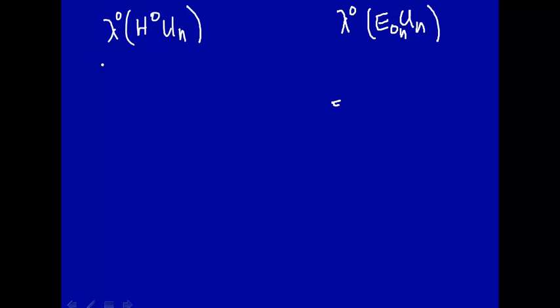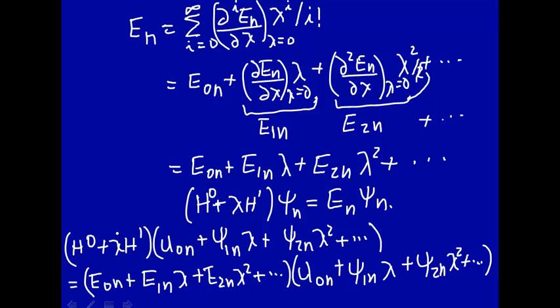All right, let's collect terms in lambda to the first. Okay, so this would be plus. Now let's get rid of that. That may not be in the most appropriate place. So let's see if we can collect terms with lambda raised to the first power. Okay, so here is lambda raised to the first power multiplied by that. That'll be one term. And here's lambda raised to the first power multiplied by that.